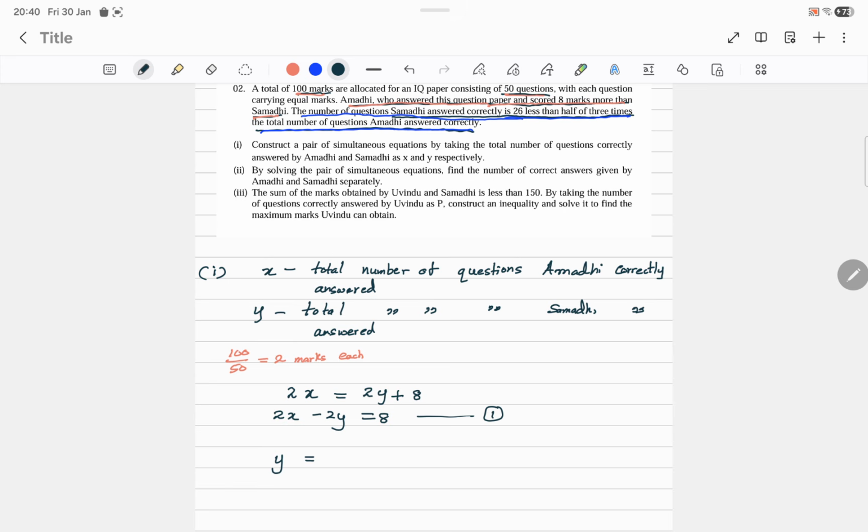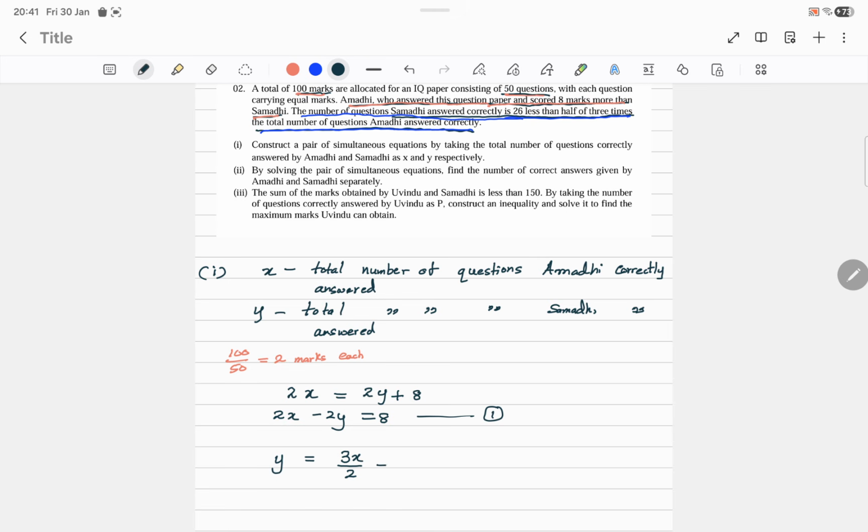So the number of questions Samadhi answered correctly, y, is 26 less than half of 3 times the total number of questions Amadi answered. Half of 3 times the total number of questions, which is what? 3 times x and half of that, less 26.